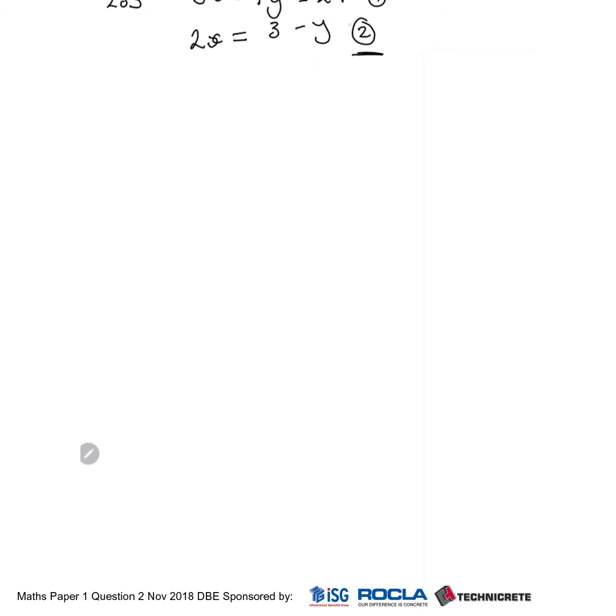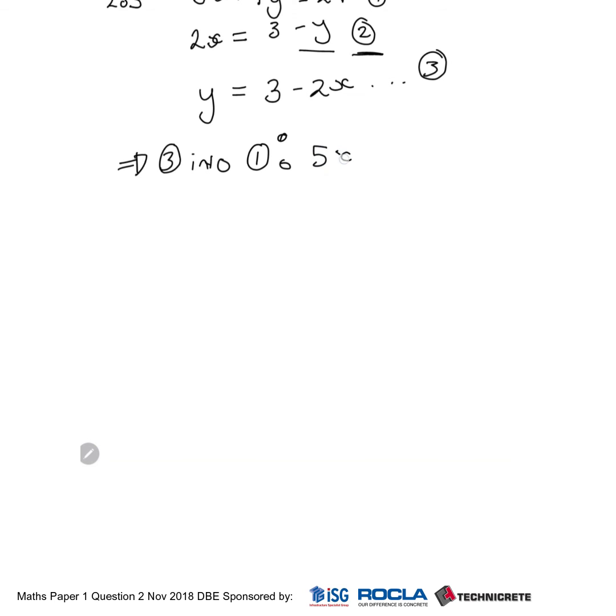Now I'm going to tidy up this equation into something much more manageable. Since we have this y by itself, I'm going to bring it to the opposite side to make y equal 3 minus 2x. That will be our new equation 3. Since we know y is equal to that, I'm going to sub 3 into 1.